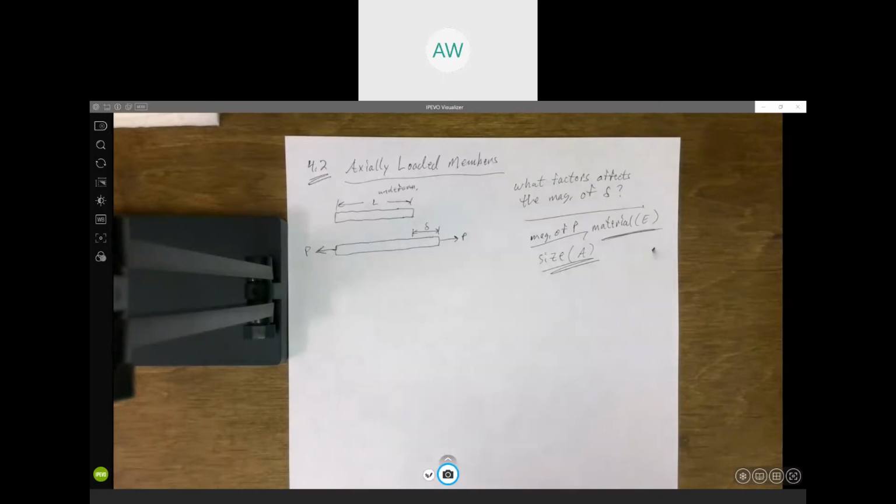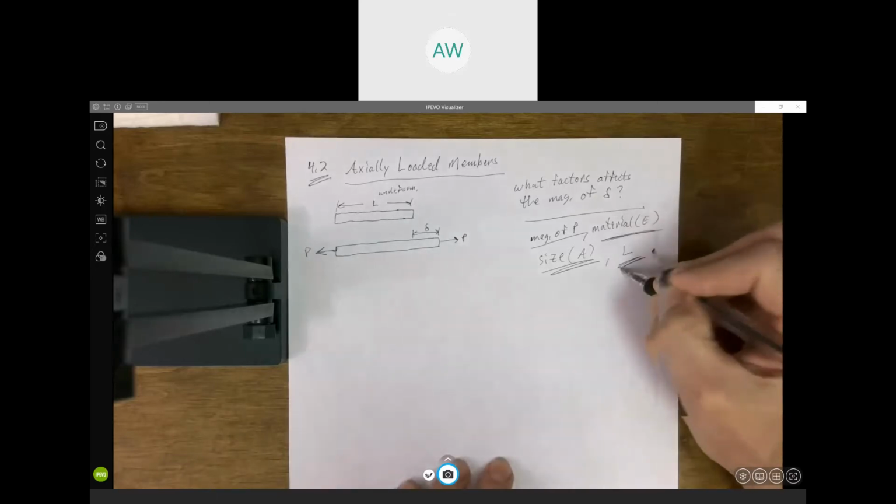Right? So the magnitude of the force, the material, what's the size of the cross section, and the 4th one, Zach there mentioned heat. We're not talking about heat yet. We're going to get to temperature effects later, assuming temperature is constant. The other thing that would affect how much it stretches is probably the least obvious, and that is what the original length is.